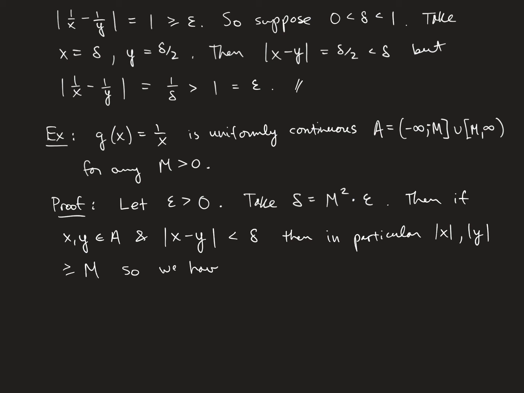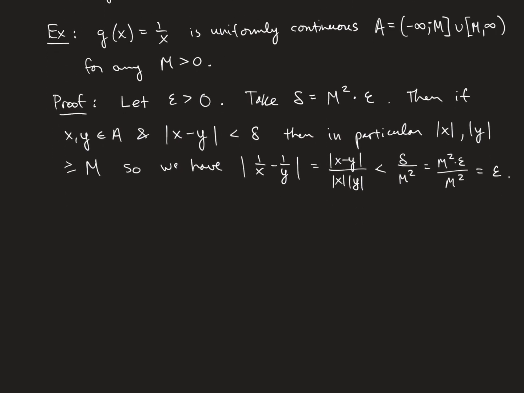So we have that the distance between 1 over x and 1 over y is equal to the distance between x and y over the product of those absolute values. So that's less than delta over m squared, which is equal to m squared epsilon over m squared, which is equal to epsilon. Okay, so we have uniform continuity as long as we keep ourselves strictly away from 0.